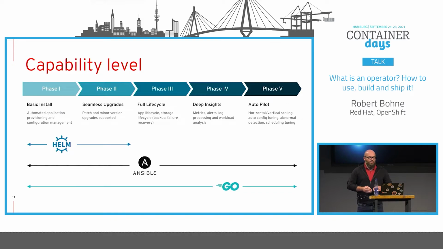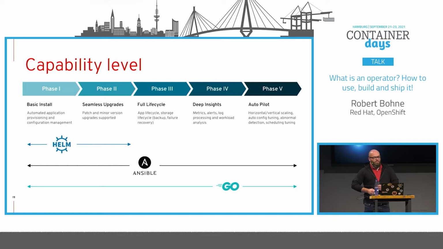And with Helm and the Helm operator, you can only write phase 1 and phase 2 capability level operators, because Helm is not a programming language at the end. If you want to write an operator that supports more capability levels, then you have to pick Ansible or Go.